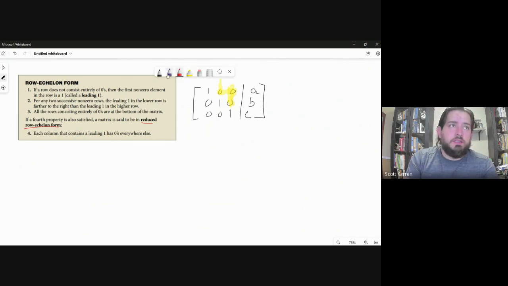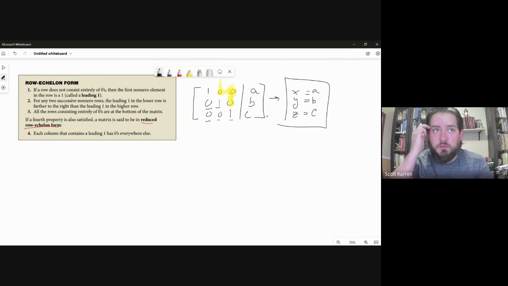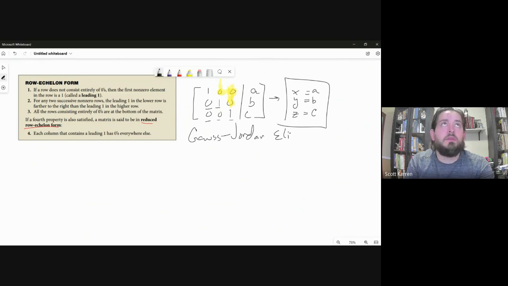And if we do this, this system translates over to 1x plus 0y plus 0z is equal to A, and then 0x plus 1y is equal to B, and 0x plus 0y plus 1z is equal to C. And if you get it in that form, you're done. You have x, you have y, you have z. And so this is called the Gauss-Jordan method or elimination.